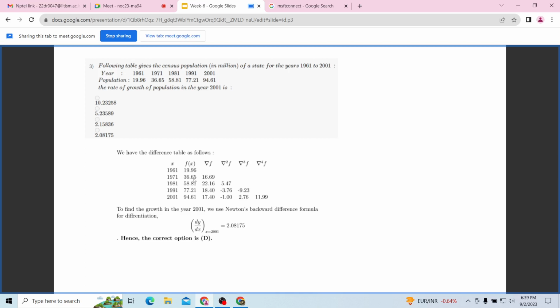For that, 36.65 minus 19.96 will give you 16.69. Similarly, 58.81 minus 36.65 will give you 22.16.